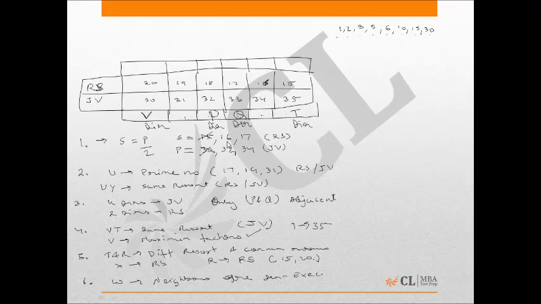So since P is 32, S will stay in 16. So I have S here in 16. Very clear. Now the next step. This is also a director.